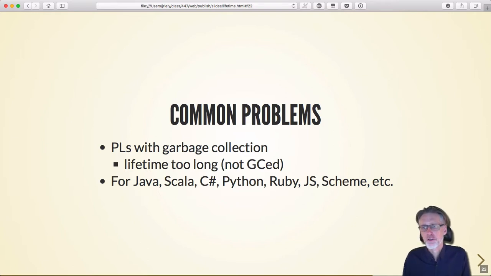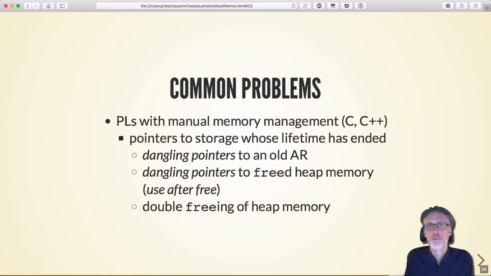So, some common problems we get here are that we may keep things around too long, so that's a memory leak, and that can happen in languages like Java, Scala, C#, etc. But for the languages with manual memory management, we can actually have real problems where we maintain references to things that have already been deallocated.